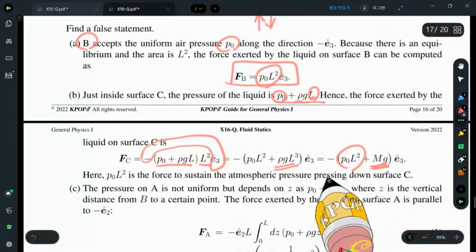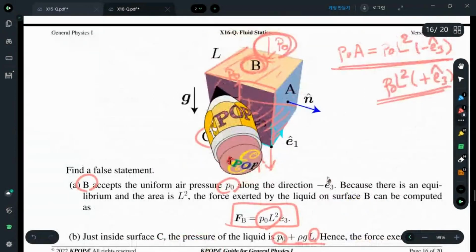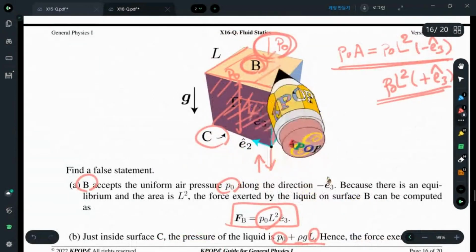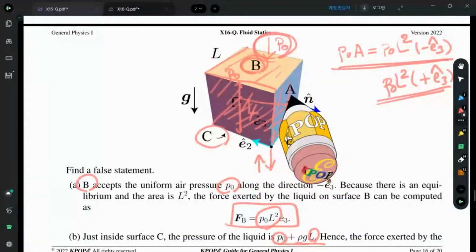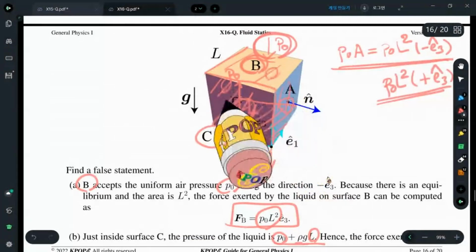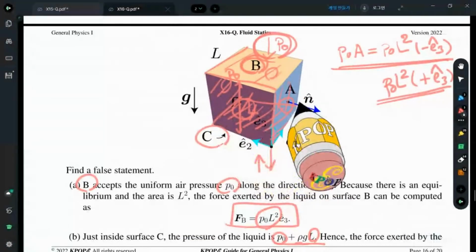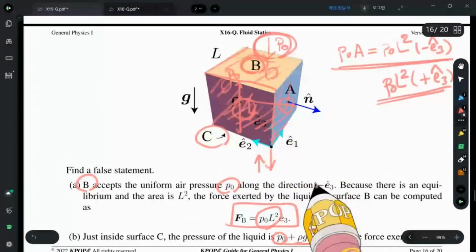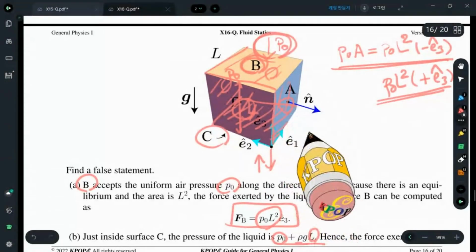Next, we consider the force applied to these four surfaces. Because of symmetry, we expect that the amount of forces of these four sides will be the same, except for the direction.